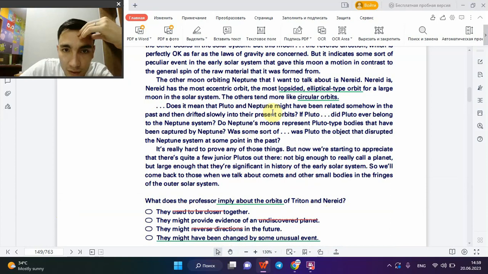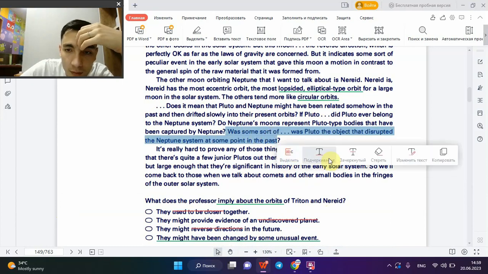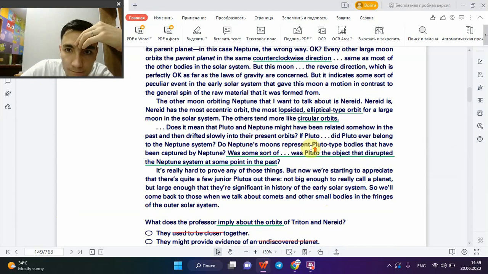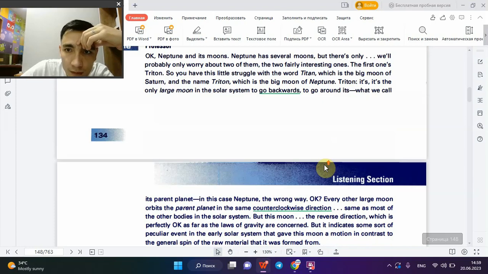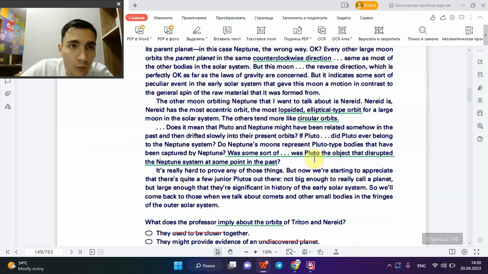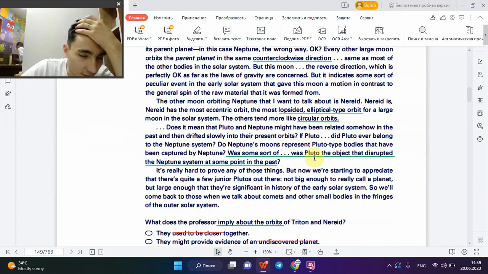Pluto tomonidan o'zgartirilganmi degan ma'lumot bor. Mana bu yerda yozilgan: Pluto's object that disrupted it at some point in the past. Bu yerda disrupt bo'lganligi haqida ma'lumot bor. Va yana bitta ma'lumot bor edi: bu o'zidan o'zi emas, balki qandaydir ta'sir natijasi bo'lganligini ko'rsatadi.